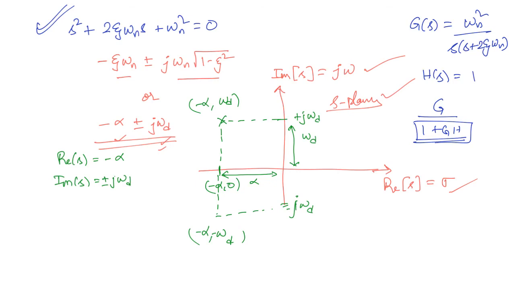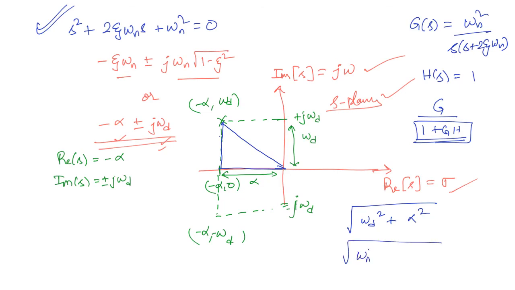Now we will see zeta and omega n. Okay, so here if you see this line here, this whole thing is forming a right angle triangle, right? And the length of the height is omega d and the length of the base is alpha. So you can find out the length of the hypotenuse as root over omega d square plus alpha square. Okay, so what is omega d square?